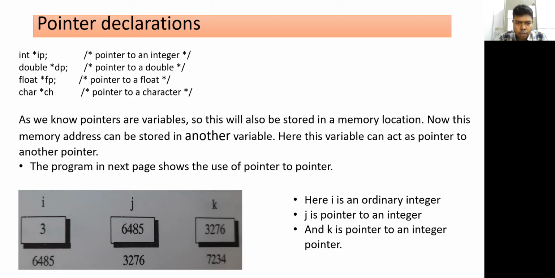In the same manner, k is stored in some memory location, 7234, and if we have some other variable like m where we store this value 7234, then we can say m is a pointer to a pointer to a pointer. In this way we can increase the degree, but in normal C programming we do not require that much.